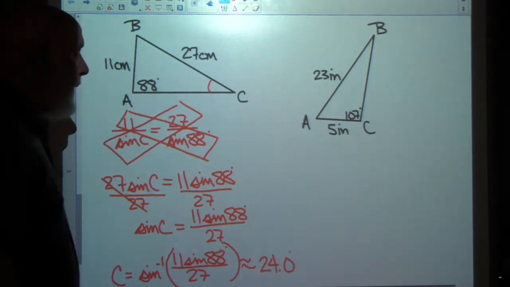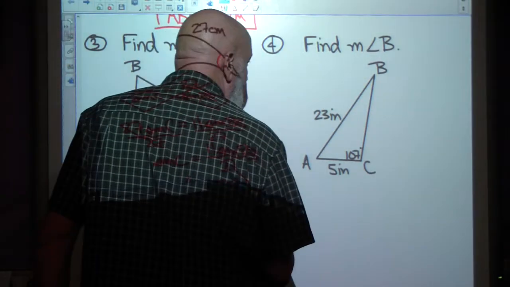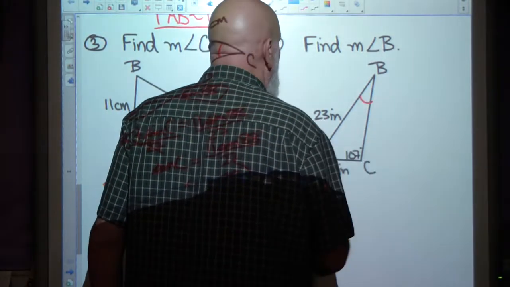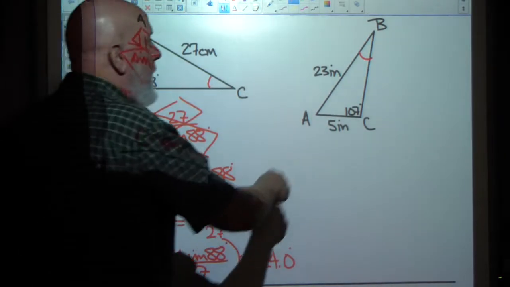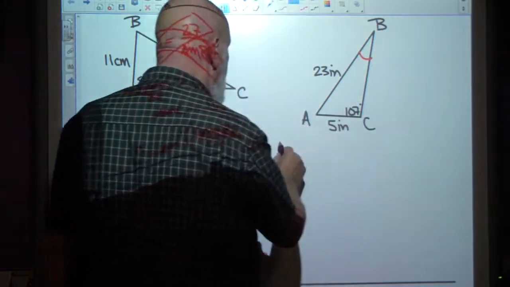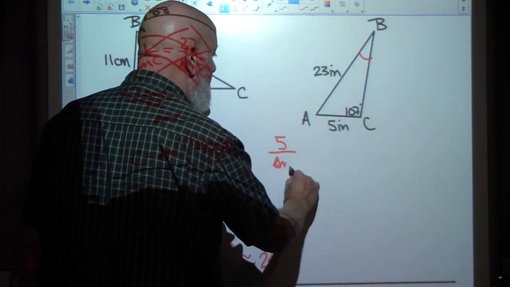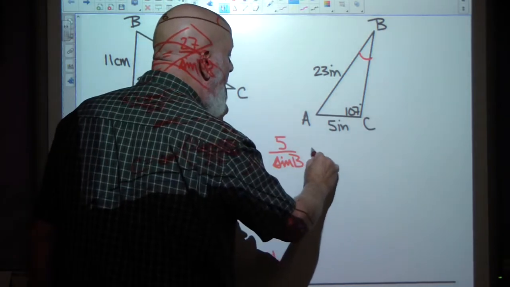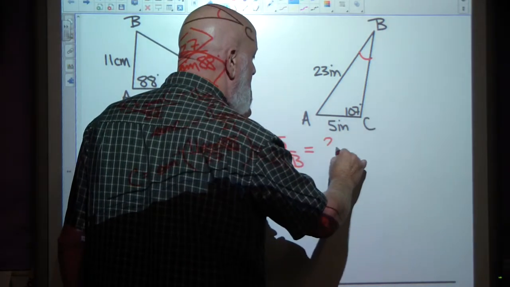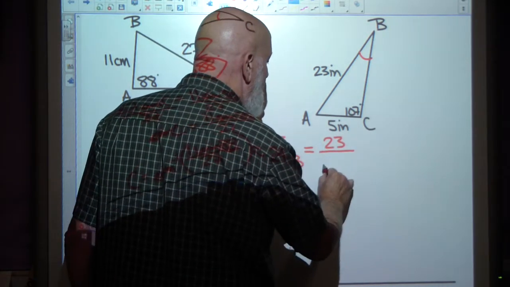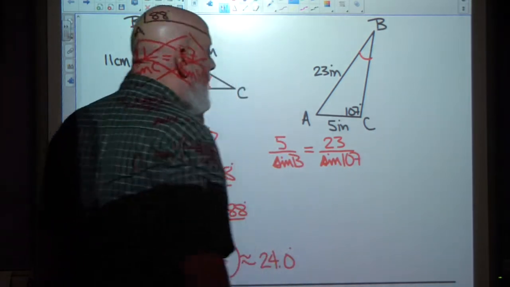Let's do another one. What am I looking for here? Find the measure of angle B. So in this case, I'm looking for this angle. I'm going to do basically the same thing I just did. I'm going to say that 5 is to the sine of B as 23 is to the sine of 107 degrees.